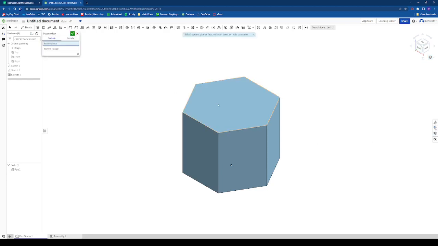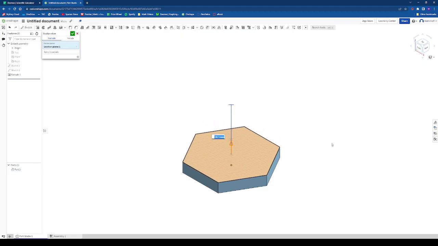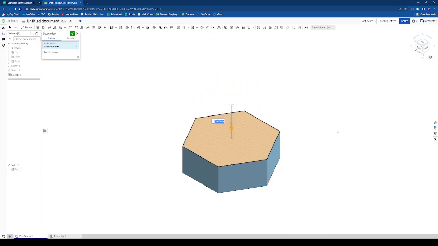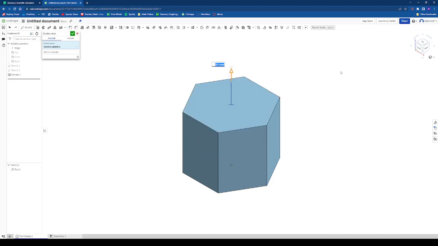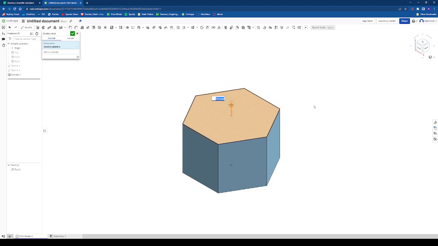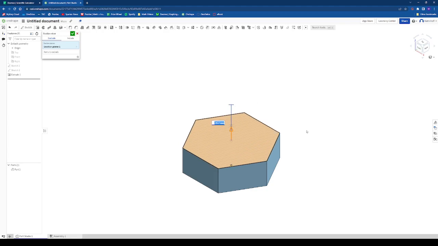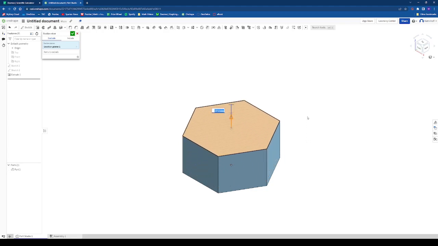So in engineering software, we have something called a section view, where I can basically slice through the part like this and look at it at different elevations and say, what would it look like if I just cut it off right there? It's not actually removing the rest of the shape, it's just letting me see that inside part of it. So you can see here that no matter where I move throughout the shape, then the slice that I'm getting is always this exact same regular hexagon.